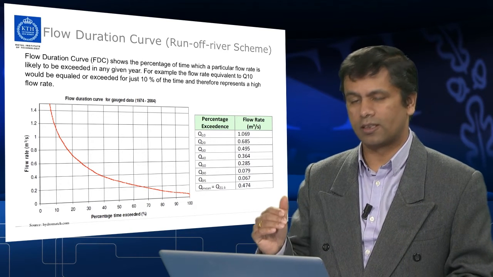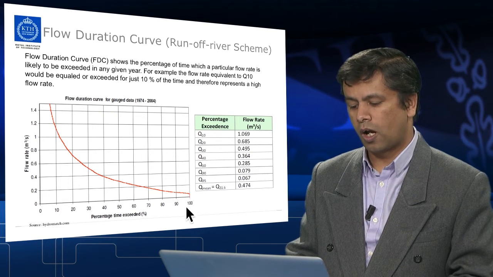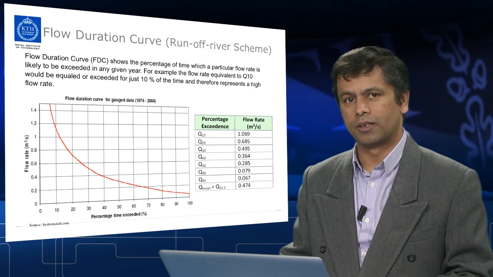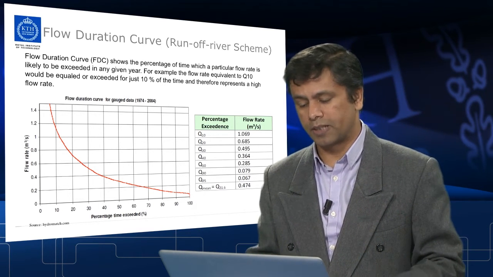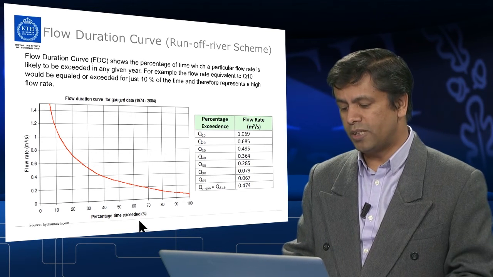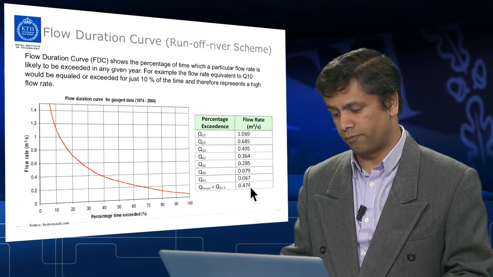So there is a huge difference in the flow. This curve represents how much flow is available for a particular percentage of the time in the year. And the mean flow in the river is 0.474.